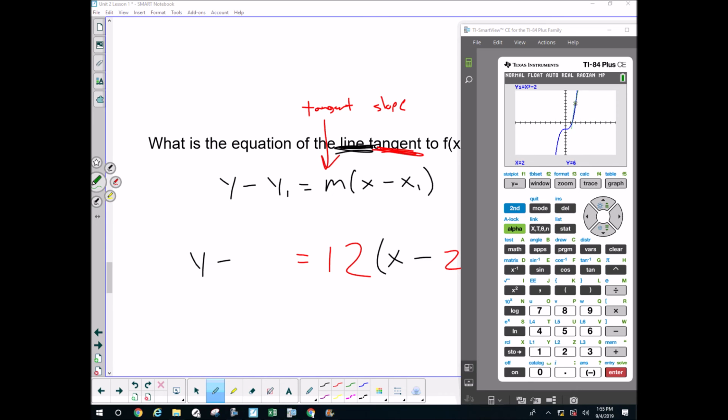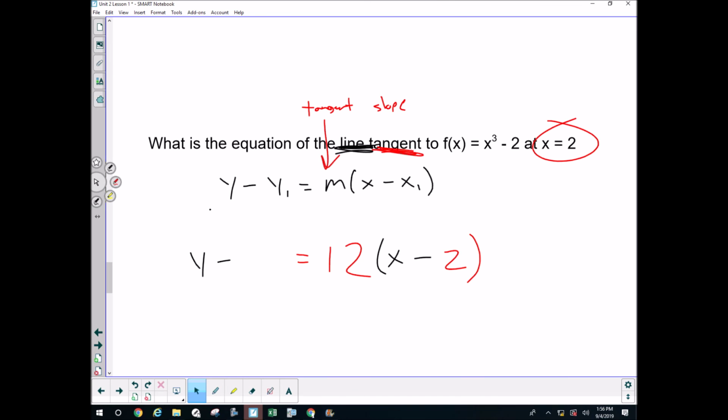So I need to know that the y coordinate where that slope is occurring is 6. Where do you get 6 from? You plug 2 into f of x. Okay? So x1, y1 is my point. Comes from f of 2, 8 minus 2, 6. This is 6.